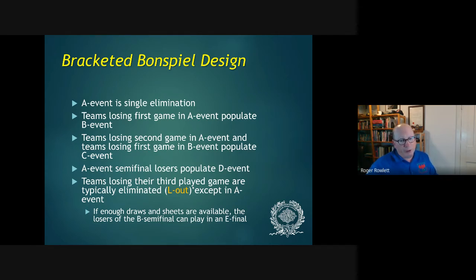If you have enough sheets and draw times available, then the losers of the B semifinal could play another kind of consolation game. So the B semifinal losers could play an E final. So you can have five events, but that requires an extra draw. So you just have to have the available ice time to do that.